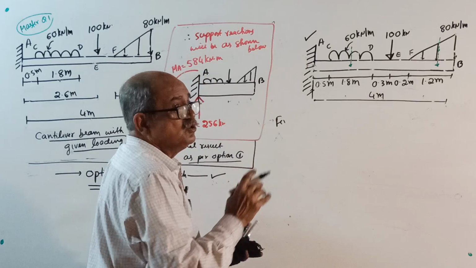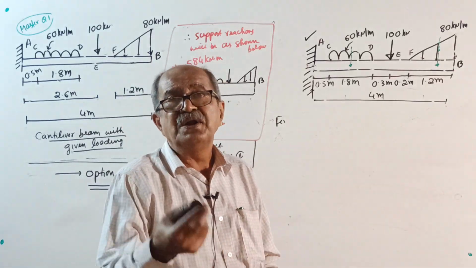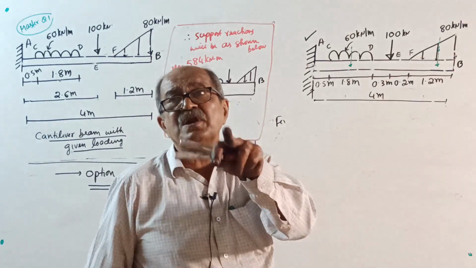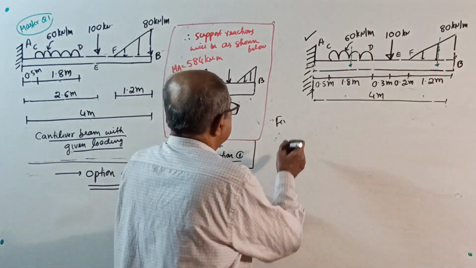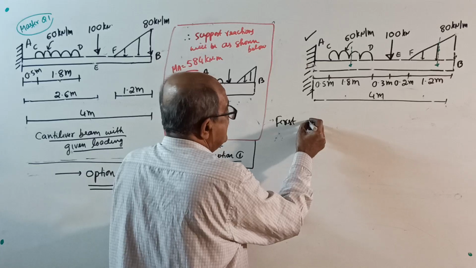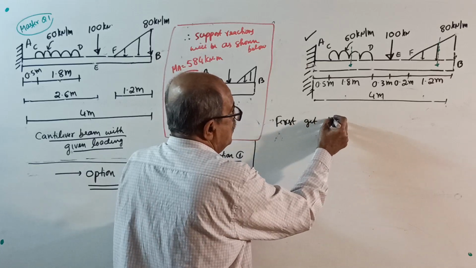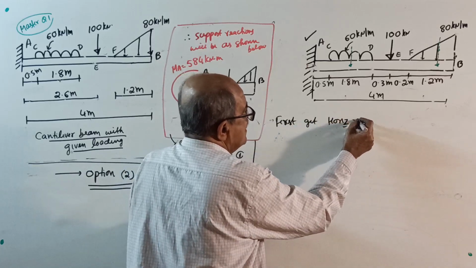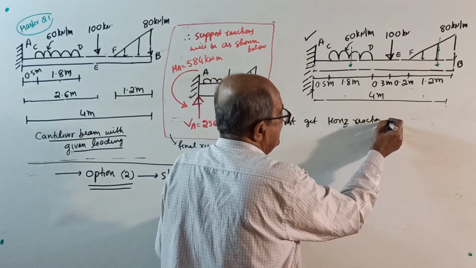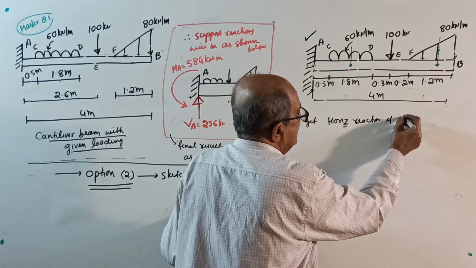Now, leave it. I will dictate so many things now. What all I dictate, you have to write. First, get the horizontal reaction, if it exists.